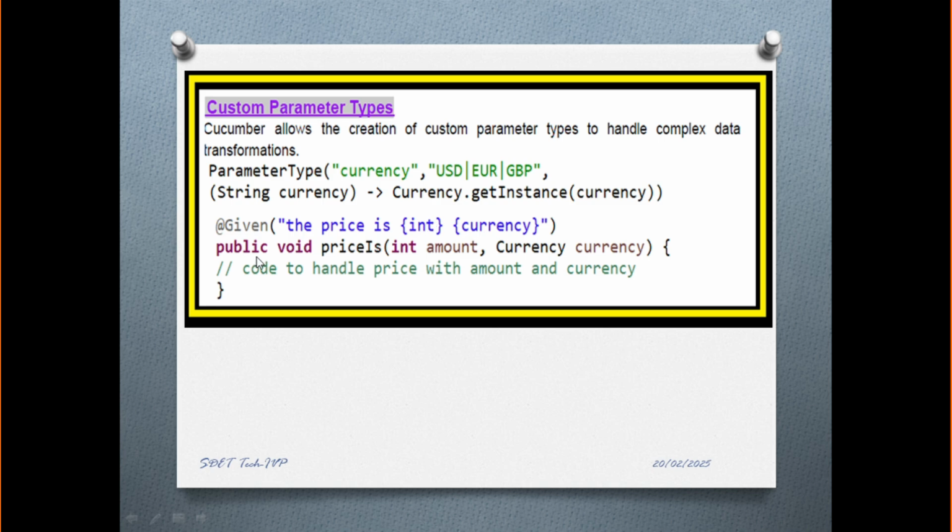Then you provide the int and currency in the programming language. This one is your step definition, and this one is written in the feature file.